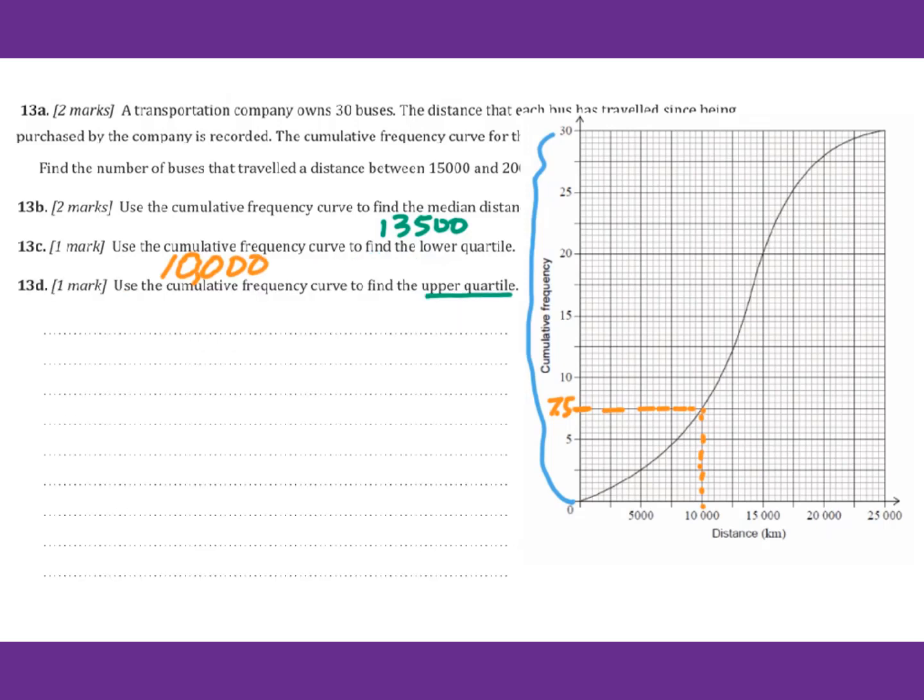Upper quartile, that's 30, you multiply by 75%. You will get 22.5. So find the 22.5 is here.